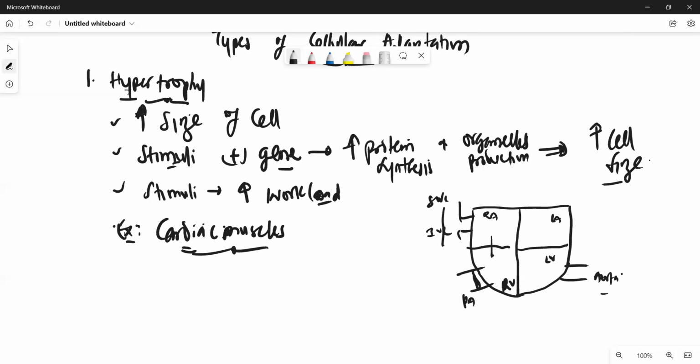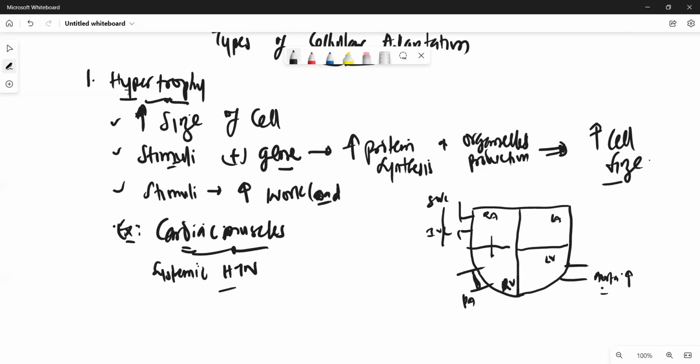So if somebody has hypertension, this time we're talking about systemic hypertension. If somebody has long-standing hypertension that is uncontrolled, just imagine the blood pressure here is very high.